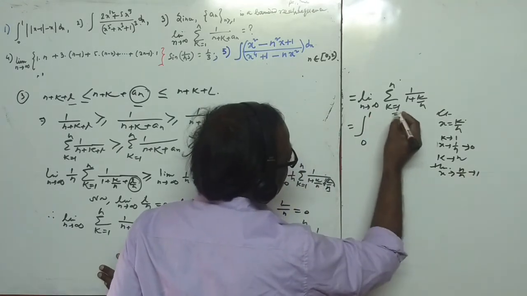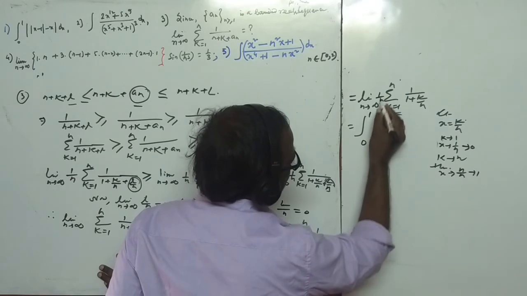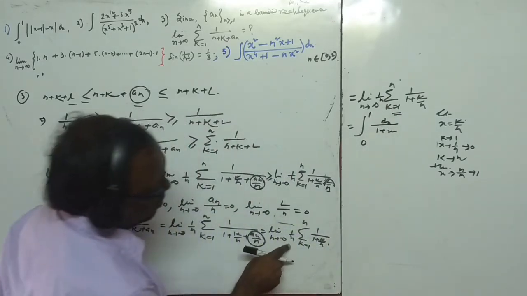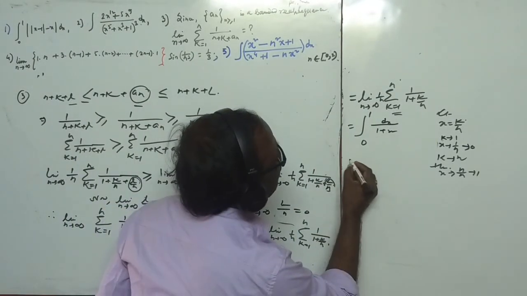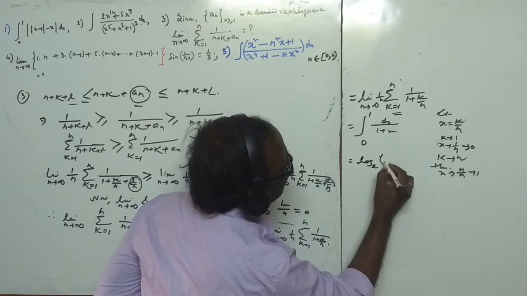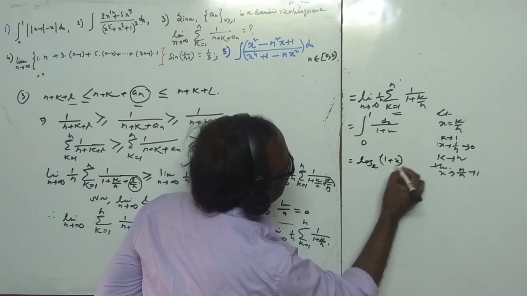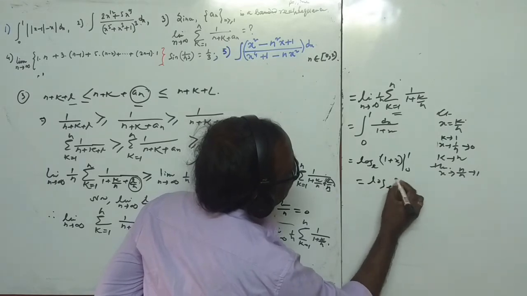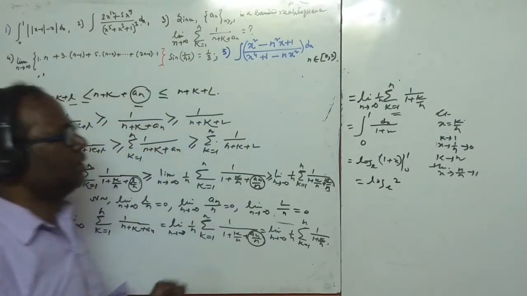So this is 1. So this is here 1 by n. Sorry, 1 by n means dx, and this is 1 plus x here. Okay, this is 1 by n here. Okay, that was missing. So that's why the integral of dx by 1 plus x is log to the base e of 1 plus x, from 0 to 1, and that is equal to log 2 here. Okay, this is the answer.